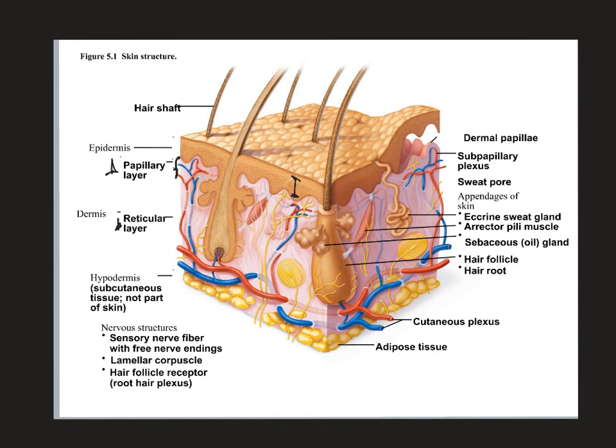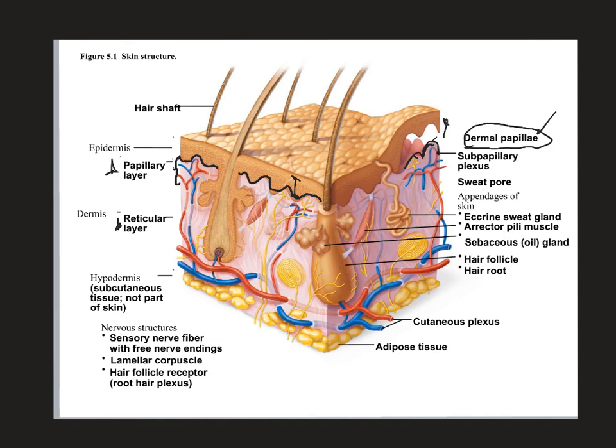The papillary layer is the most superficial and includes this wave of the dermis, which extends up. That's called the dermal papillae. So you see this wave. There's where we disconnect the epidermis from the dermis. You can see these little bumps. That's the dermal papillae.